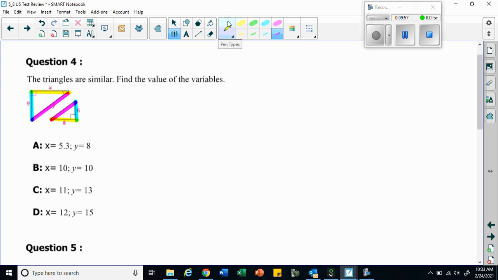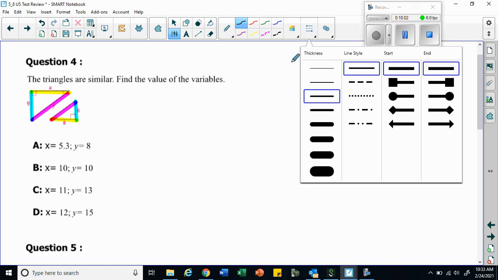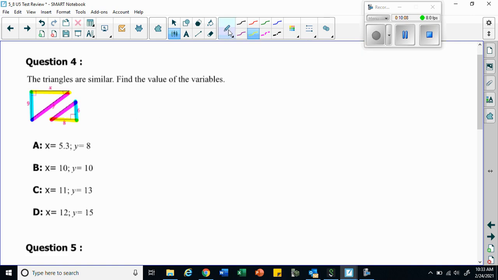So let's see what we can find. Let's do the work. All right, so we're going to set these up. I'm going to put my yellow with my yellow, and my blue with my blue.